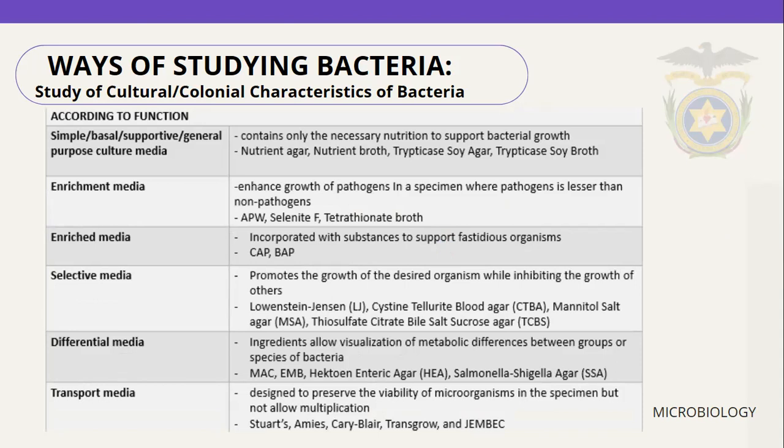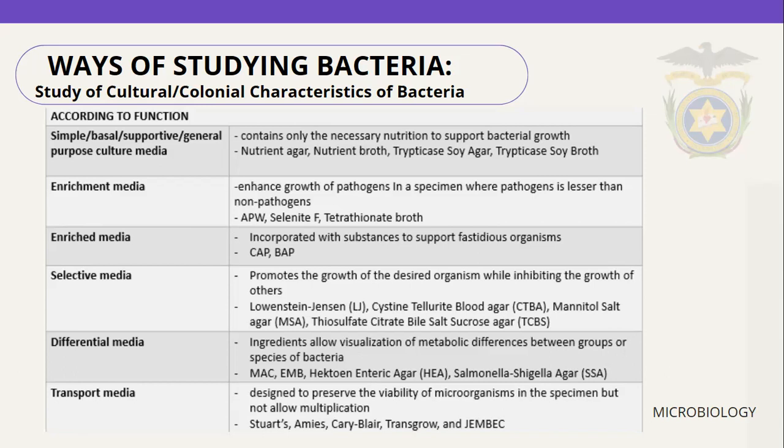Next is our enrichment media, and they enhance growth of pathogens in a specimen where pathogens are fewer than non-pathogens. Our examples are APW or alkaline peptone water, selenite F, and tetrathionate broth. The next one is our enriched media, and these are incorporated with substances to support fastidious organisms. Our examples here are CAP and BAP.